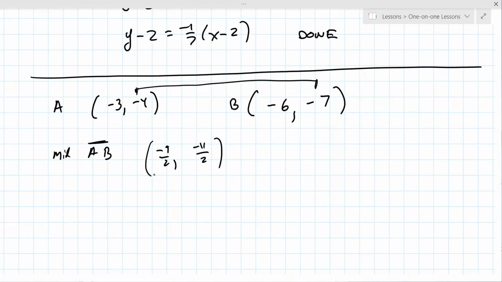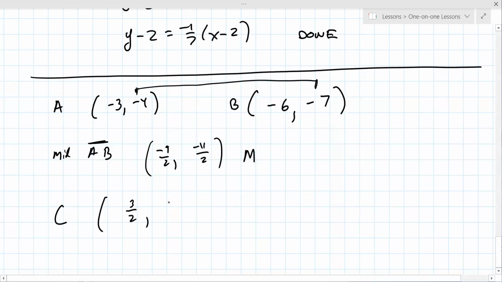Now, so that's the midpoint here. Let's say that, well, it doesn't look like any of your examples are, well, I guess one is a fraction. So let me give you, let's say that point C is point 3/2, comma, -7/2.